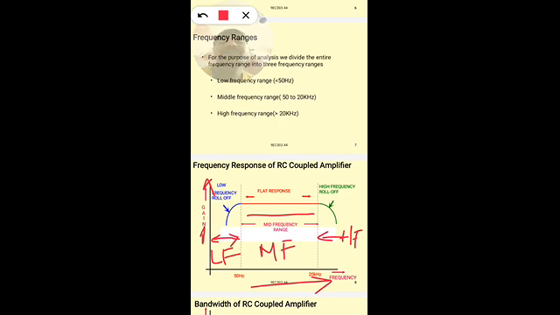The low frequency region is below 50 Hz, the mid frequency region is 50 Hz to 20 kilohertz, and the high frequency region is above 20 kilohertz. So this is the frequency response curve.